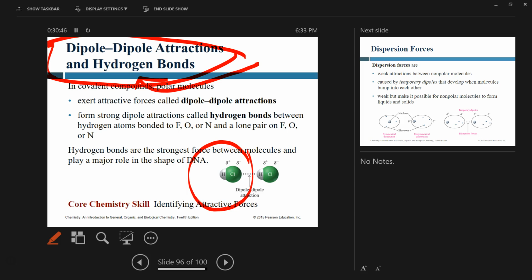Chlorine atom is more electronegative than hydrogen, so it will accumulate slightly negative charge. Does that make sense? Hydrogen atom of another hydrogen chloride molecule will accumulate partial positive charge. So that partial positive charge and that partial negative charge will form a bond.